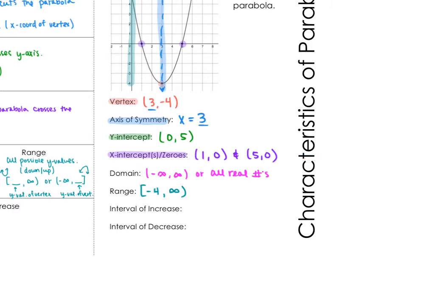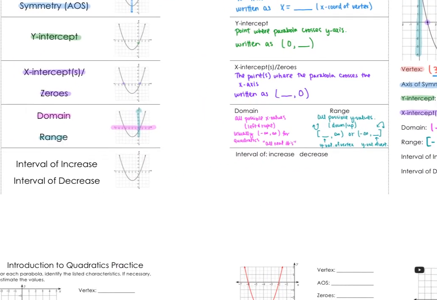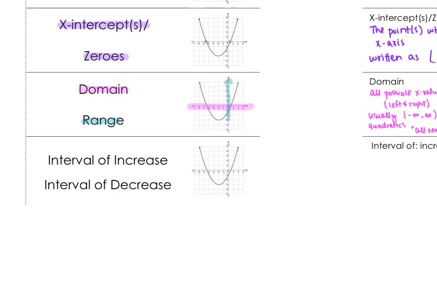All right, let's look at the last term, which is interval of increase and interval of decrease. So interval of increase, which I'm going to highlight in kind of more of a lime green here, is the x values for where the parabola is going up.